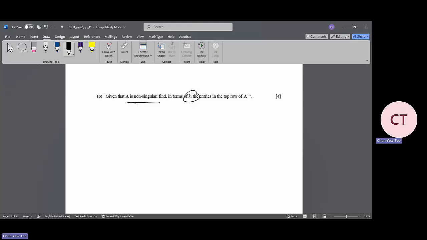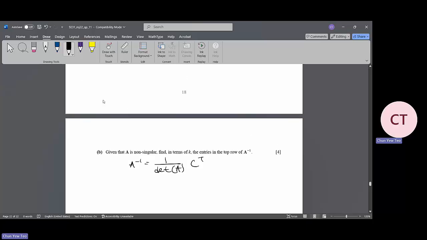Find in terms of k the entries of the top row of A inverse. So actually we need to know that A inverse is 1 over the determinant of A times C transpose. So C transpose: you need to find the cofactor of A and then transpose it.